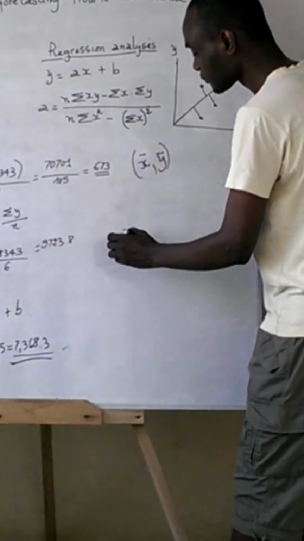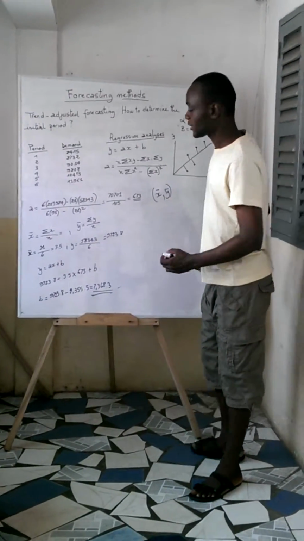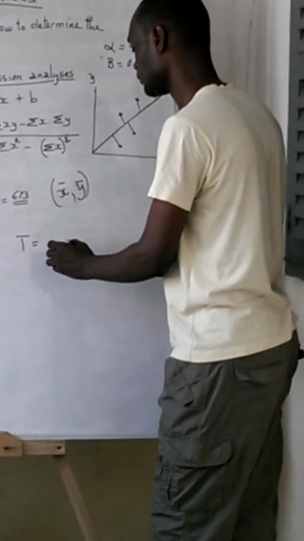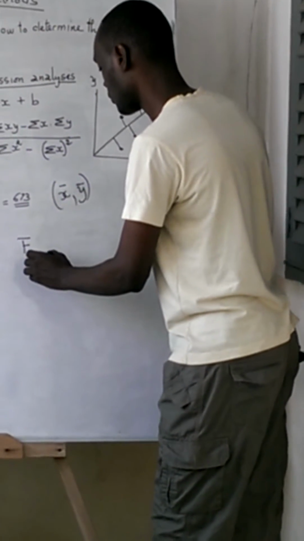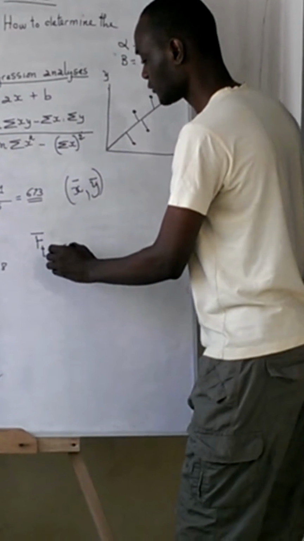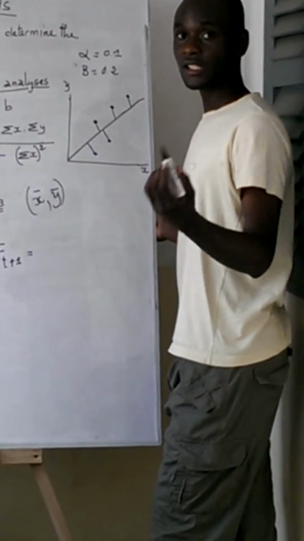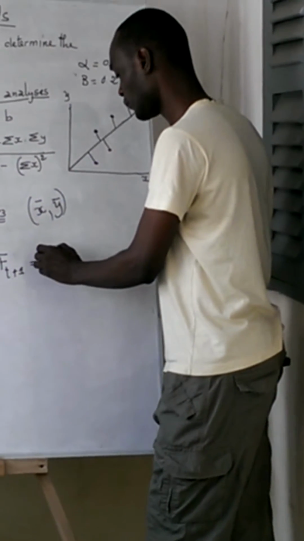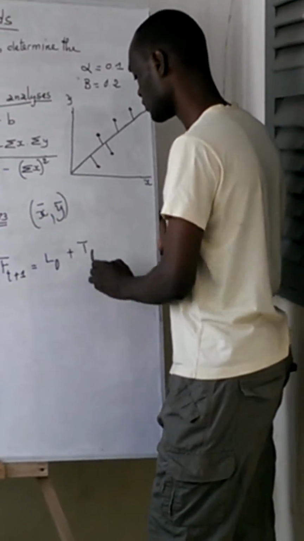Then we can use the formula that says that the forecast for period T plus 1, where T is 0, is equal to the level for period 0 plus the trend for period 0.